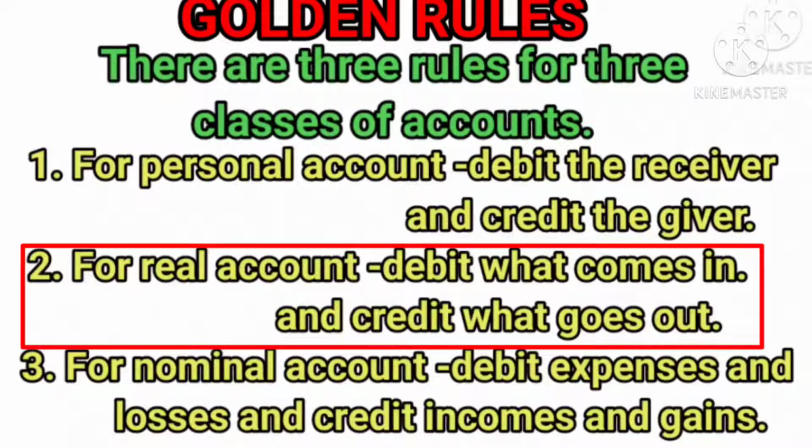Here cash has been invested in the business as a capital, so other aspect it may be considered as a capital, and capital is always liability of the business, so capital will be treated as credit.